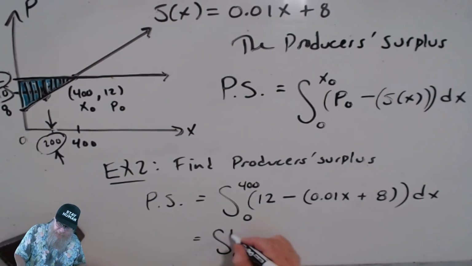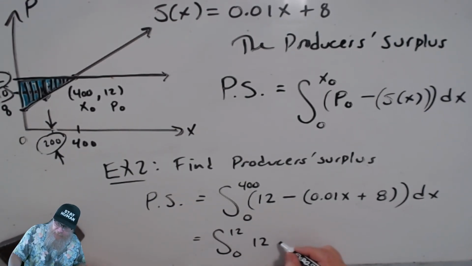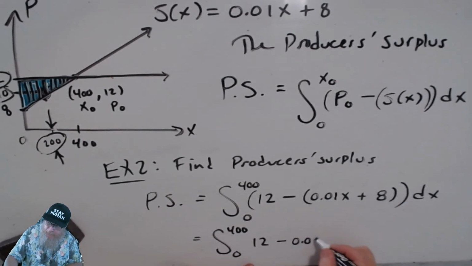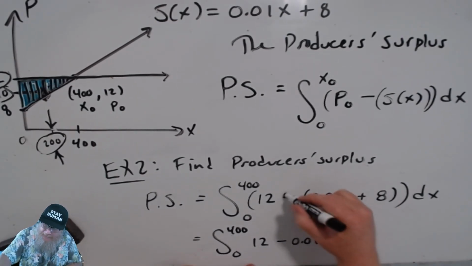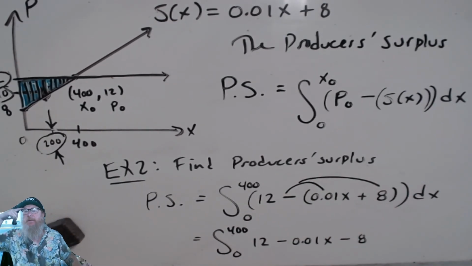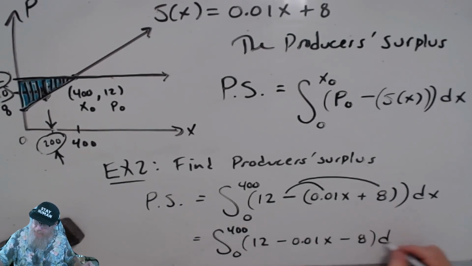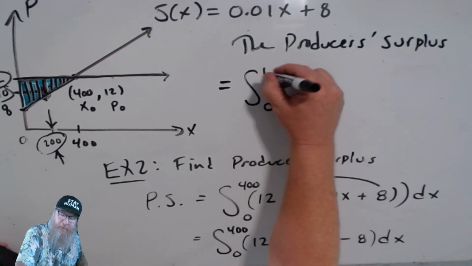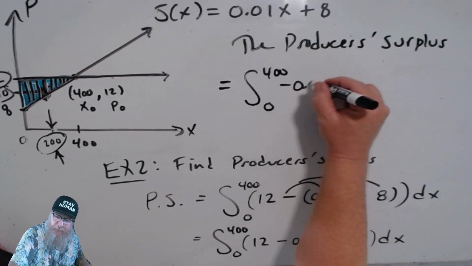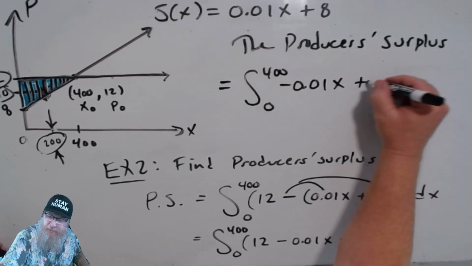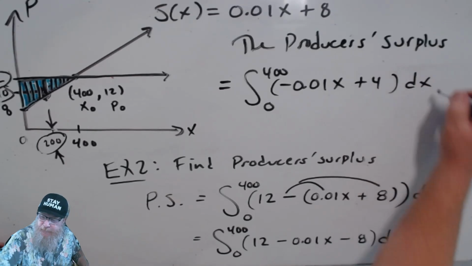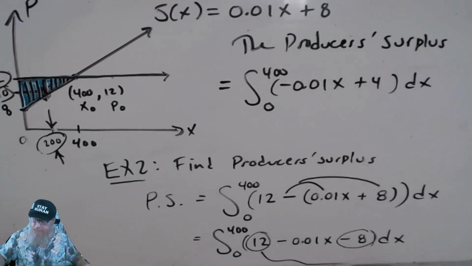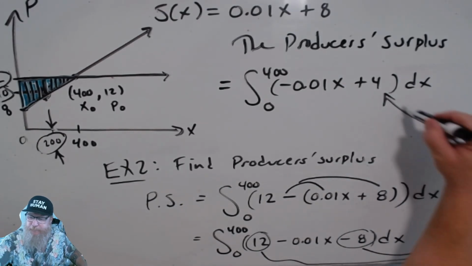So it's the integral from 0 to 400 of 12 minus (0.01x plus 8) dx. The integral from 0 to 400 of negative 0.01x plus 4 dx. So the negative 8 and the positive 12 give us this 4 here.